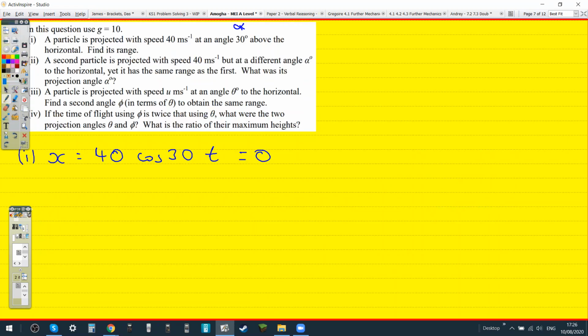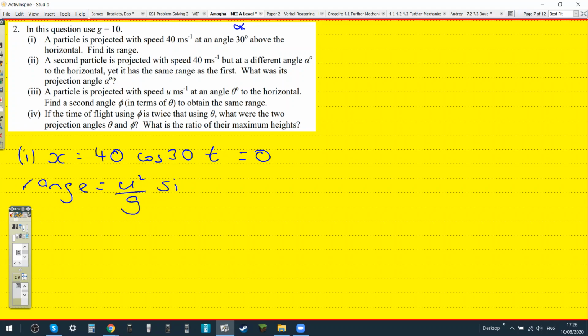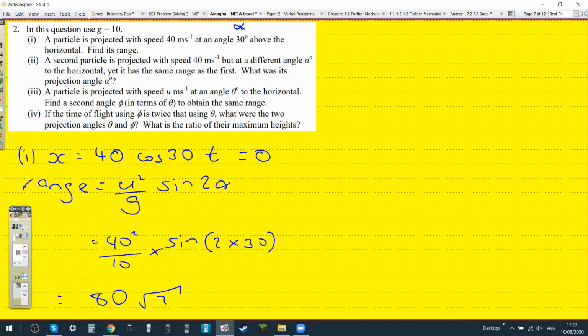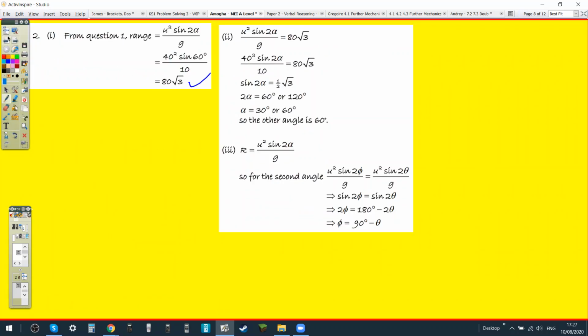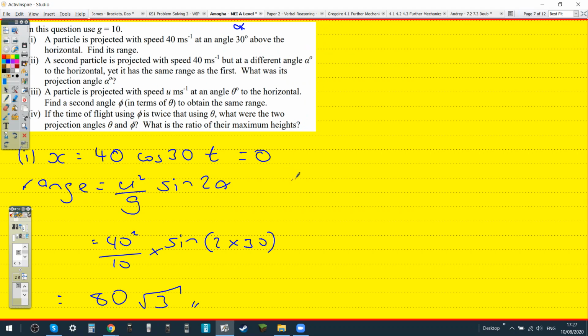So that would just be 40 squared over 10 times sine 60, which is 80 root 3, apparently. Cross your fingers. Hey, 80 root 3. Okay, they did want you to use the formula.